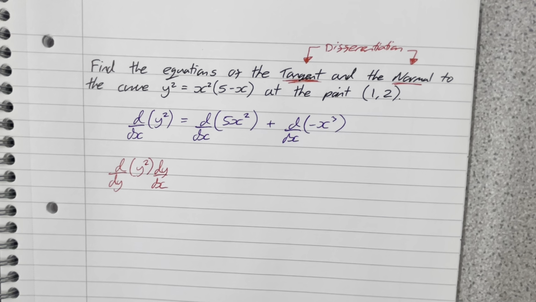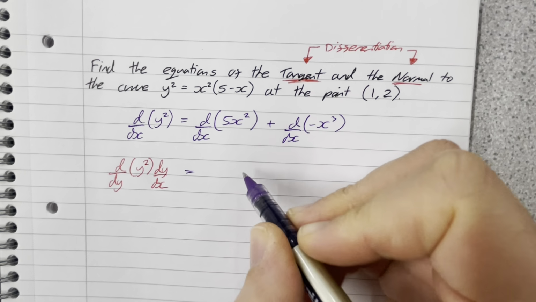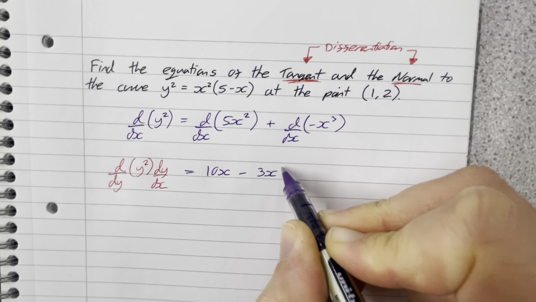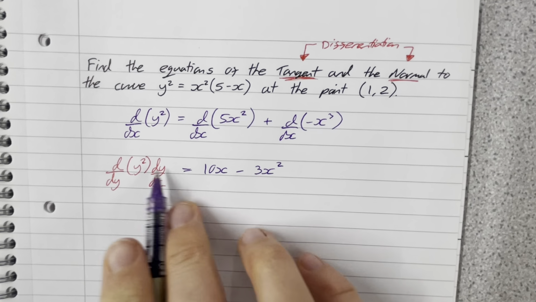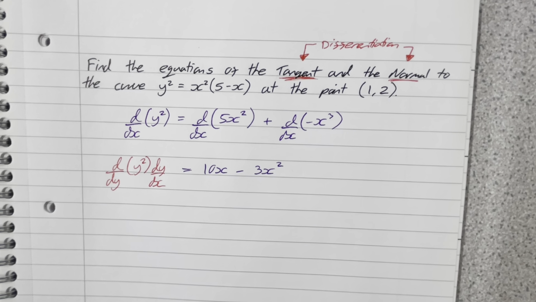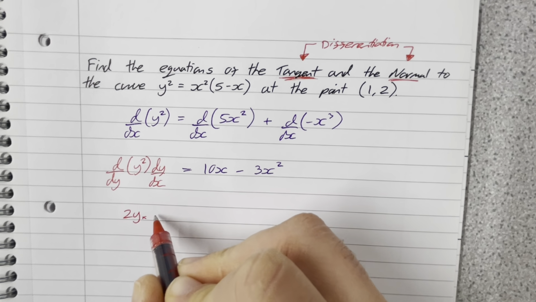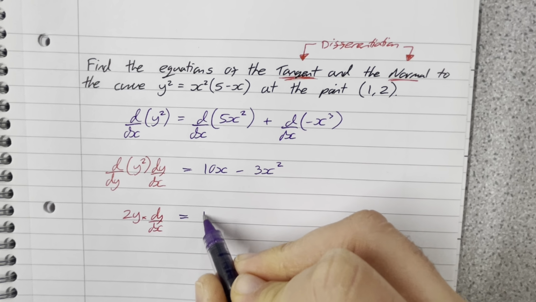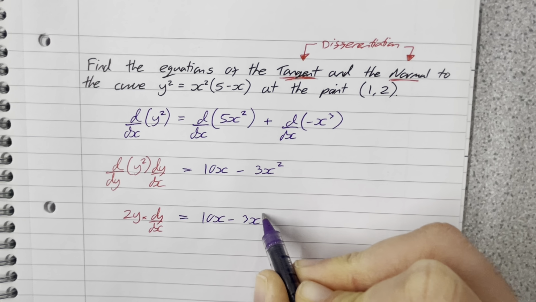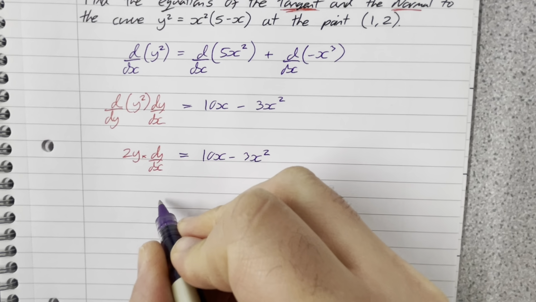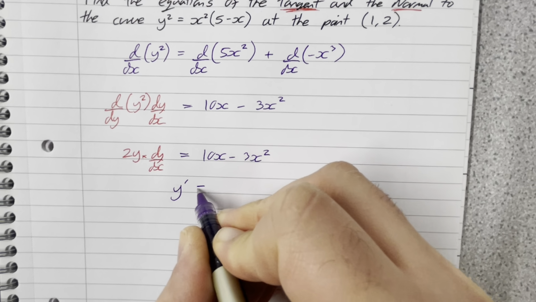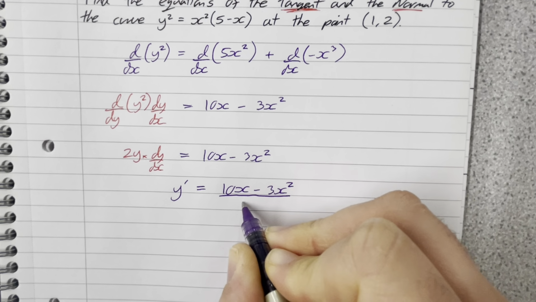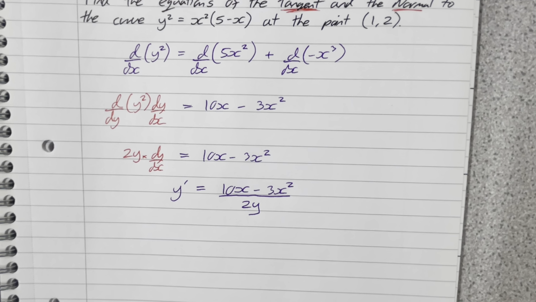That's going to equal the derivative of 5x squared with respect to x, which is 10x, minus 3x squared. Now we can apply this to give us 2y times dy by dx. That's still going to equal 10x minus 3x squared. And now we can make dy by dx the subject. So y prime or dy by dx is going to be 10x minus 3x squared, all divided by 2y. Okay, so there's my derivative.